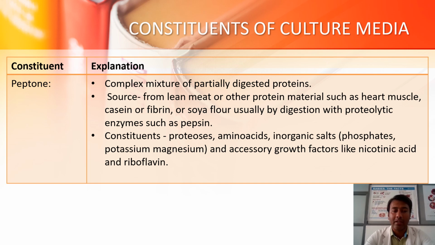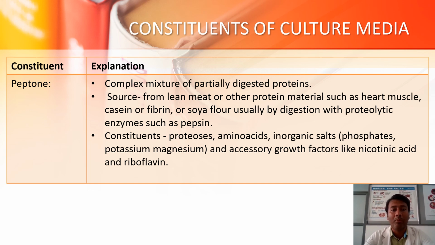Apart from water and electrolytes, the culture media also have peptone. So what is peptone? Peptone is nothing but a mixture of partially digested proteins. So it's a small unit of protein and it can be obtained from beef, heart muscle, casein or fibrin.